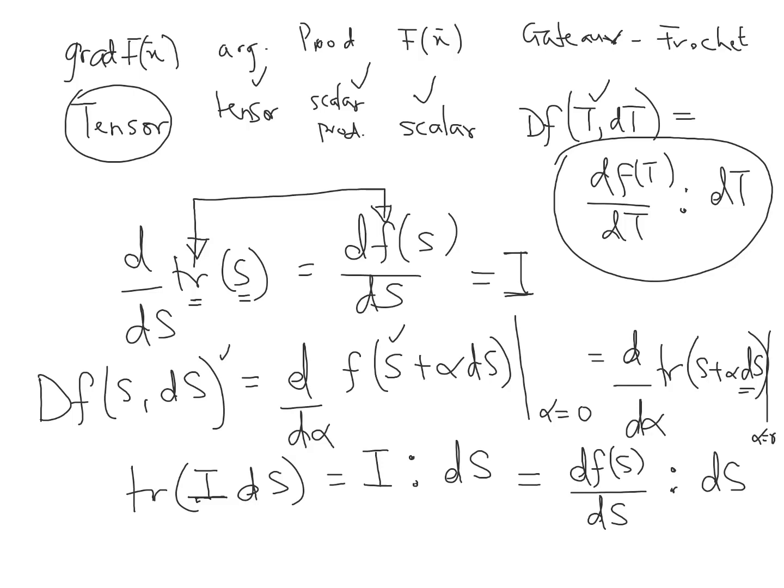So you could see how we work backwards to be able to prove that our d/dS of the trace of S is the identity tensor. What we just used was the Gateau-Frechet relationship.